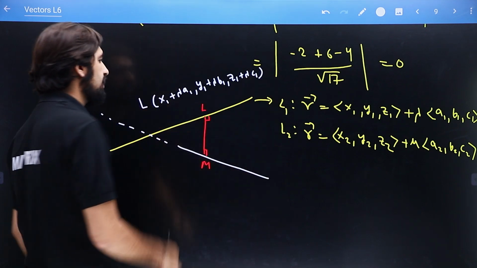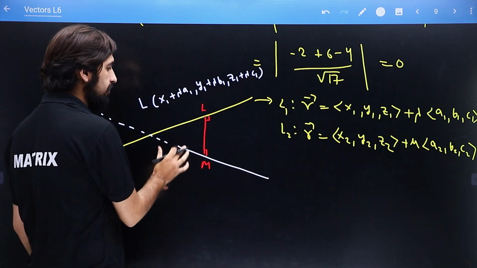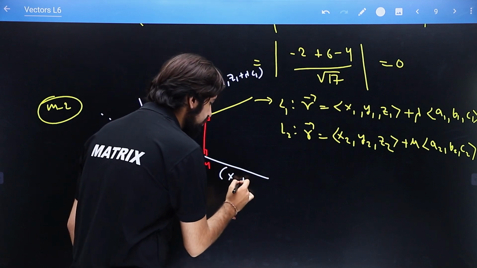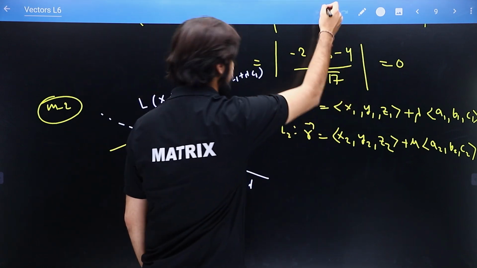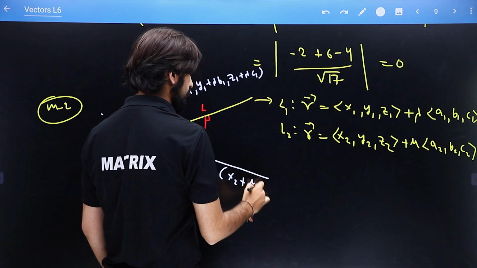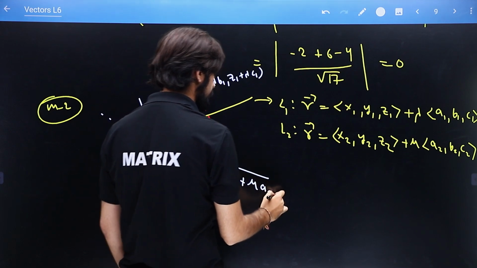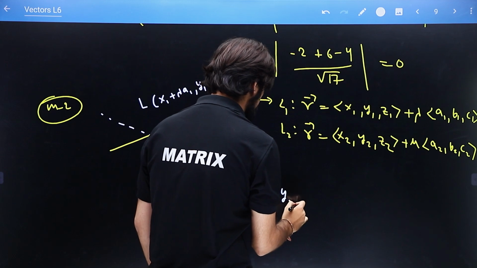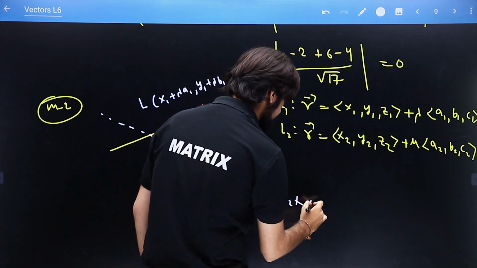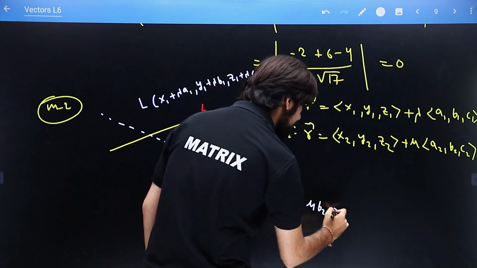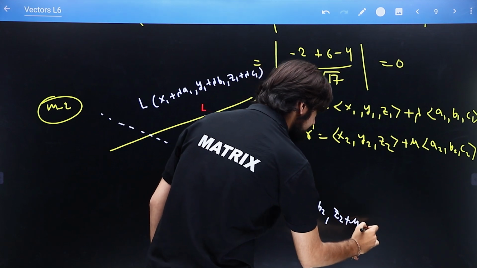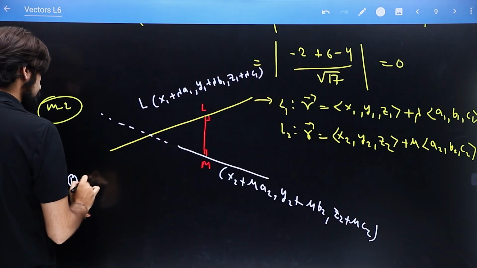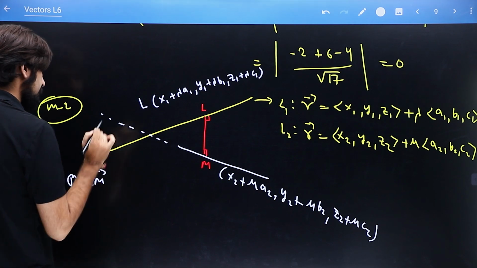Then what are the coordinates of M? Coordinates of M will be x2 plus mu times a2, y2 plus mu times b2, and z2 plus mu times c2. So what you can find? You can find first what will be the LM vector.